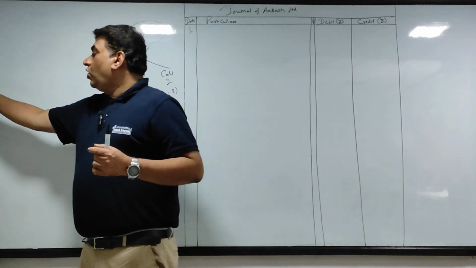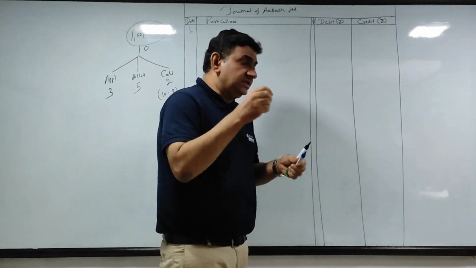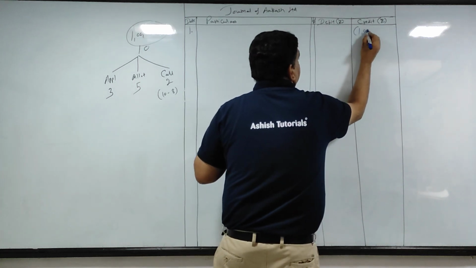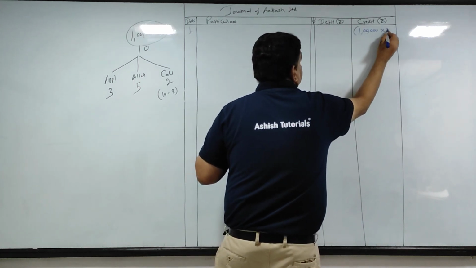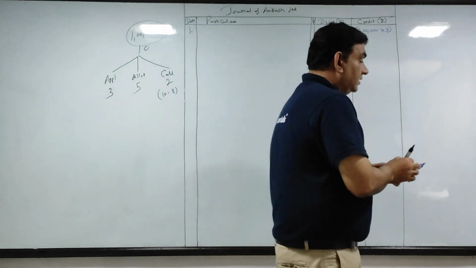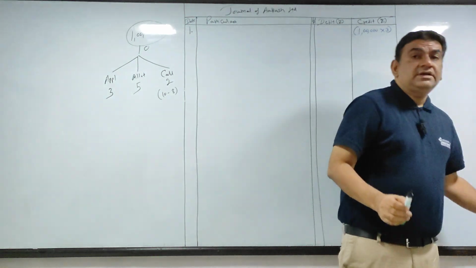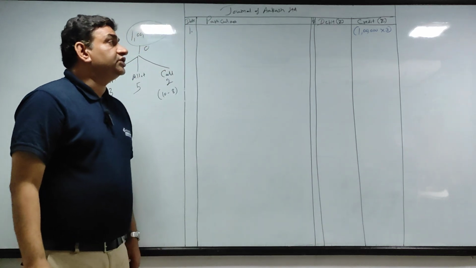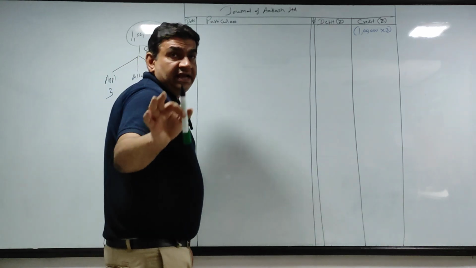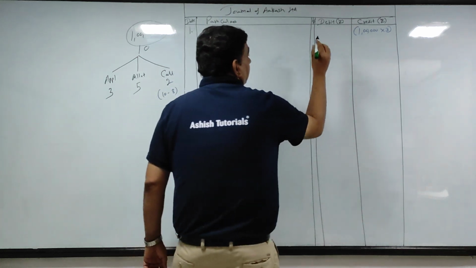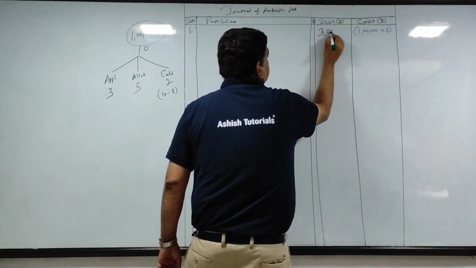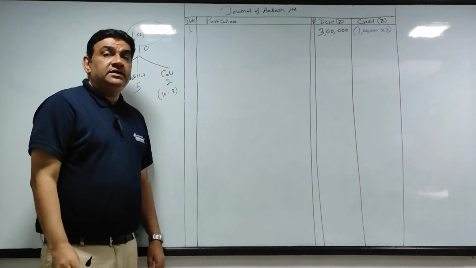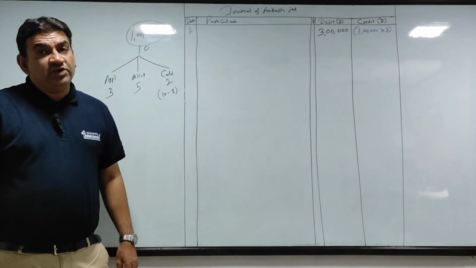So on application, the company will get 3 per share on 1 lakh shares. So 1 lakh into 3, the company will receive 3 lakh rupees.